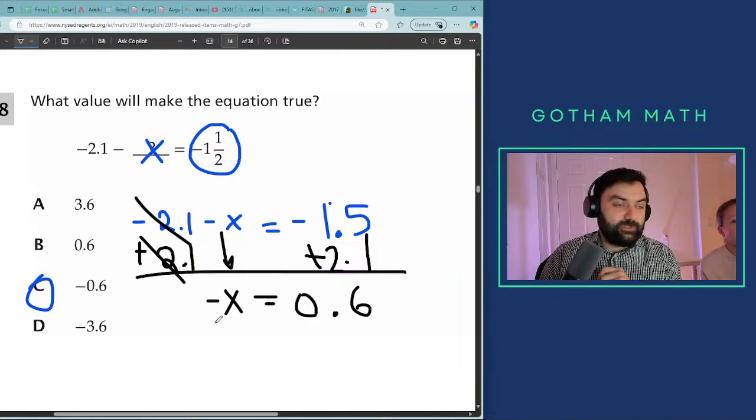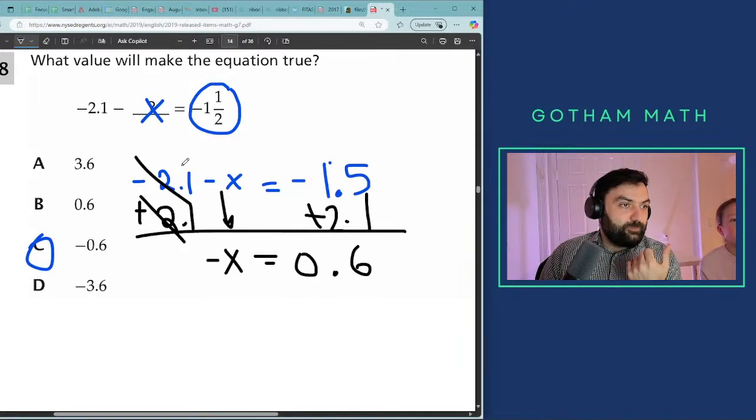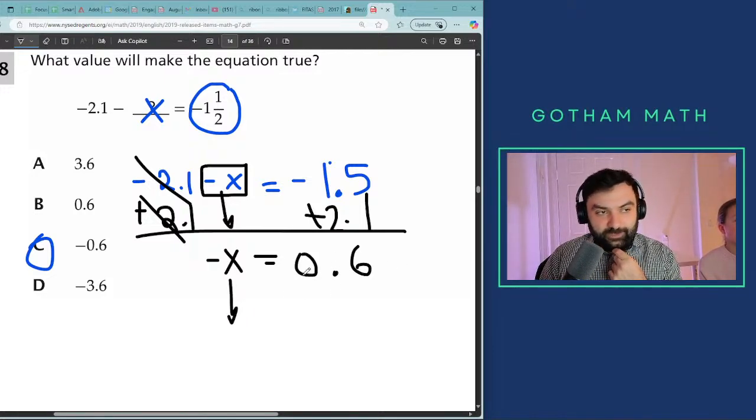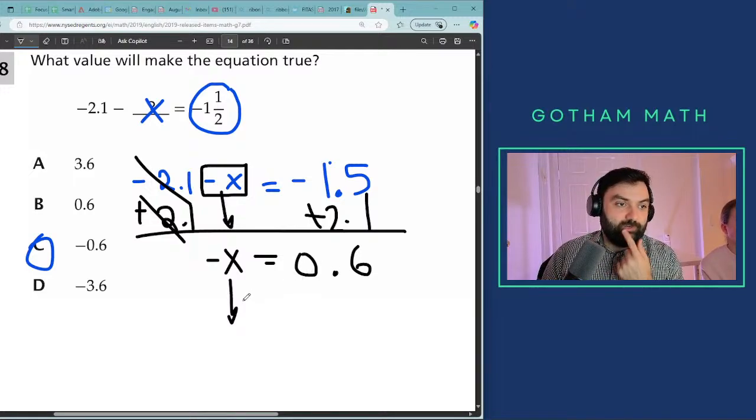But it does come with the x. It doesn't just disappear. Like in the previous one, when we had to box, this is a negative x. So it stays as a negative x until you change it. So how do we change it? You can divide by negative 1, you can multiply by negative 1, or do it logically.